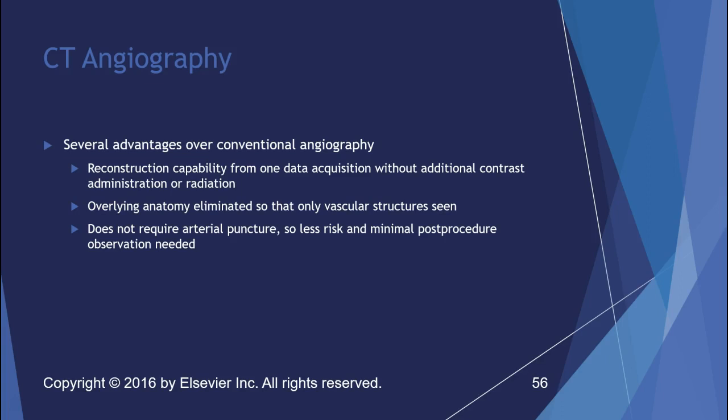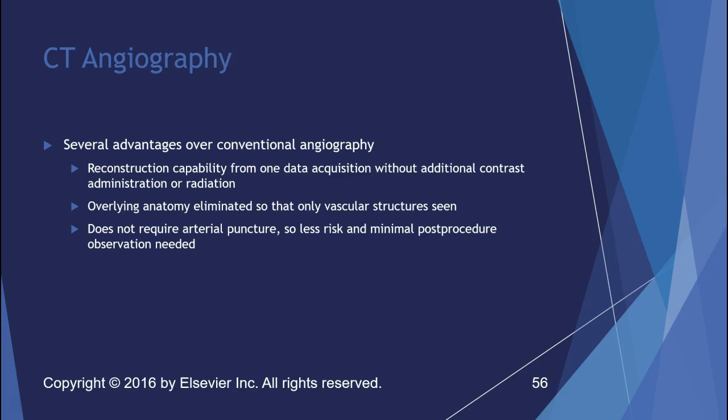Okay, there's several advantages over conventional. The reconstruction capability from one data acquisition without the additional contrast administration, so we only inject once and scan and that's it. Overlying anatomy is eliminated so other vascular structures can be seen. So in the IR suite, you're taking conventional radiographs and looking at those images unless they have the software like CT does to map out those images.